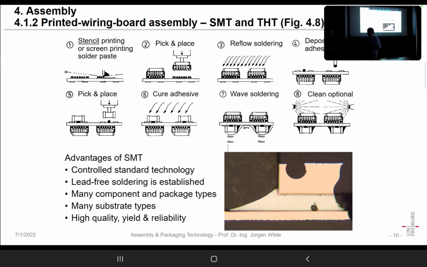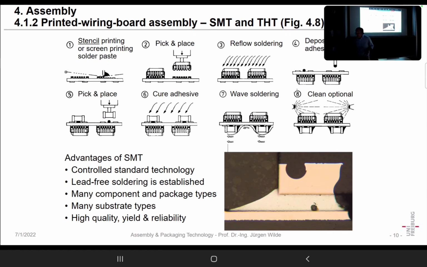Typically, on one side of the board, we have the bigger components like the integrated circuits, and on the other side, the smaller devices. Also, we must keep in mind we need other soldering parameters for the big and for the small ones, because the small ones heat up much faster, for instance. So we can go through that reflow process twice, and that's state of the art.